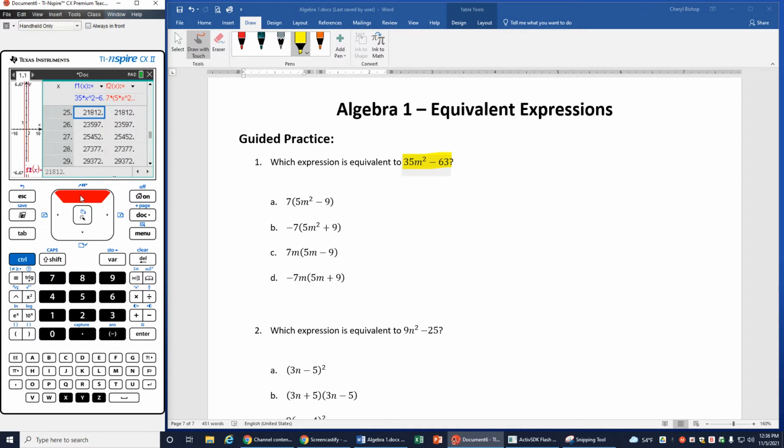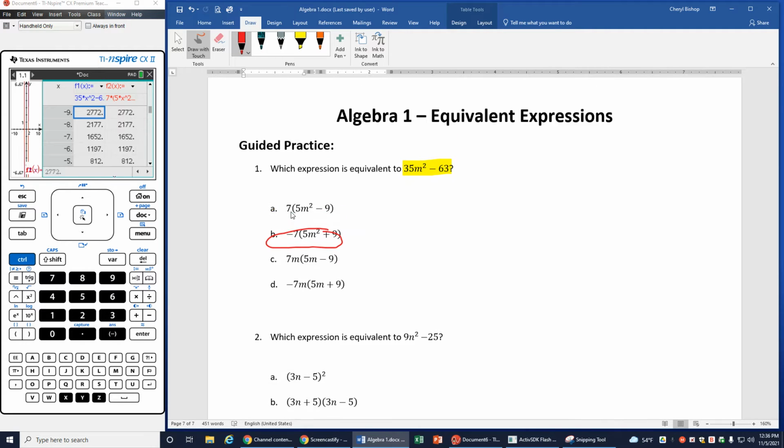So that tells me that the first expression I graphed is the same expression as 35m squared minus 63. What's nice is I don't even have to try the other three. I know that A is the correct answer.